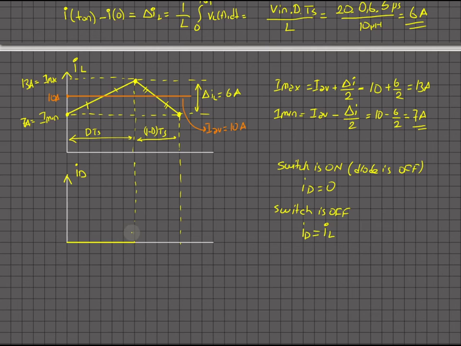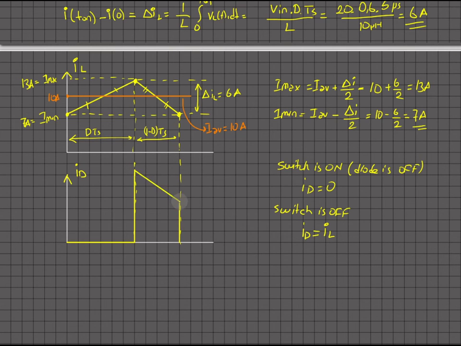So let me draw here somewhere. Each square is like 2 amps, so I will try to make it realistic. Then it will exactly be that shape, right? Then it will come down to 7 amps somewhere here.